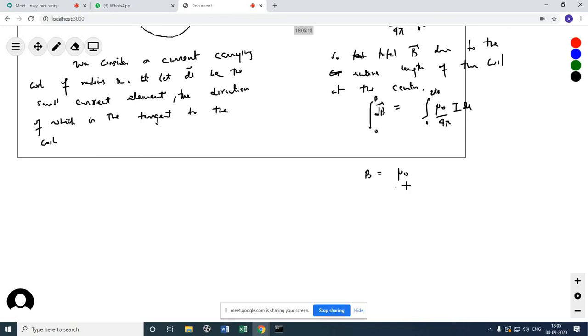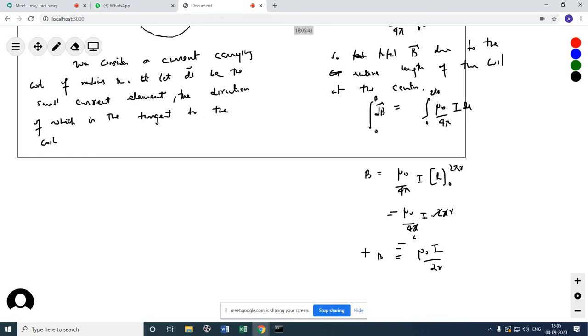So the current is in the anti-clockwise sense, so our curved finger is also in the anti-clockwise sense. So thumb points to the top, coming out of the board. That means magnetic field is out of the board for this small dl. For the second dl, it will also be out of the board. For the third one, it should also be out of the board, and so on, right?